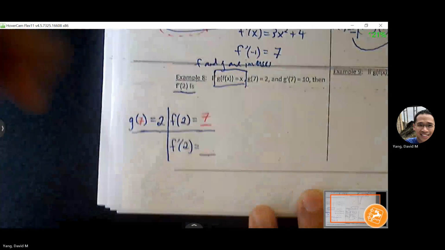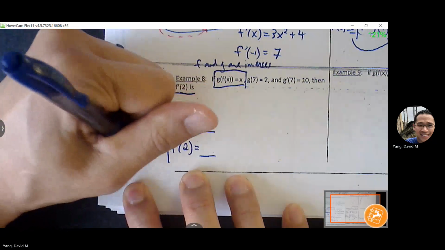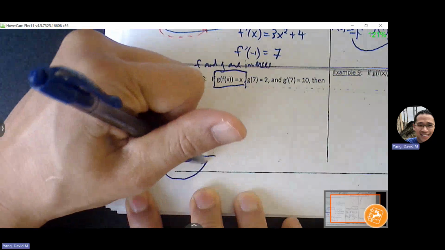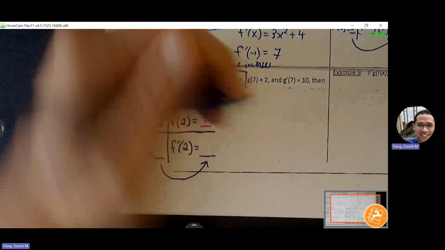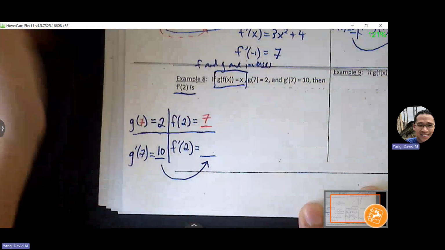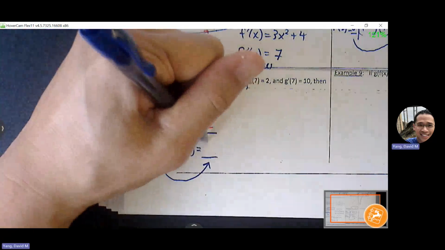So if I can get to g prime of 7, then that will lead me to f prime of 2, right? Do I know g prime of 7? 10. So if g prime of 7 is 10, then f prime of 2 must be 1/10. That's it.